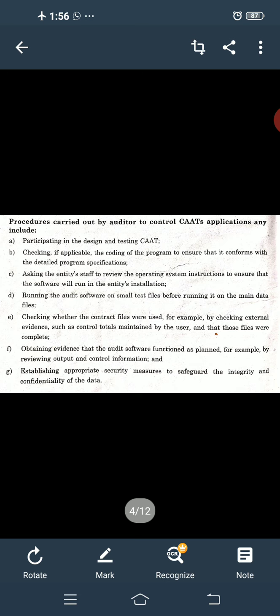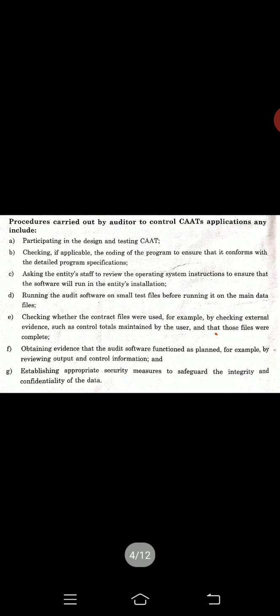Next is asking the entity's staff to review the operating system instructions in order to ensure that the software will run in the entity's installation. The auditor can ask the company's staff to do this.